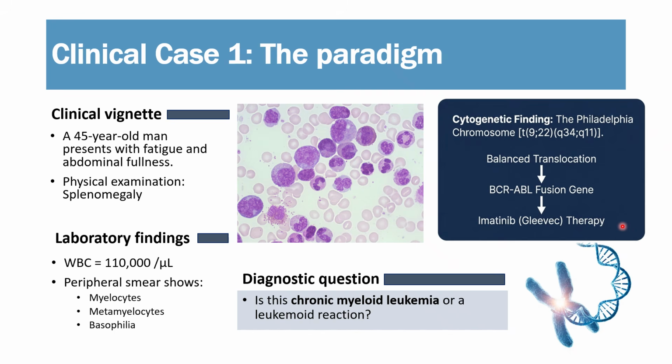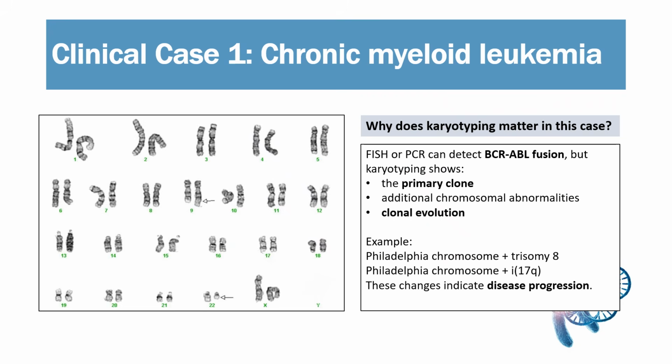Now, imatinib sits in the ATP area of the BCR-ABL fusion gene, and it stops the proliferation of the myeloid series of cells. As you can see here, there is a translocation between chromosome 9 and 22.